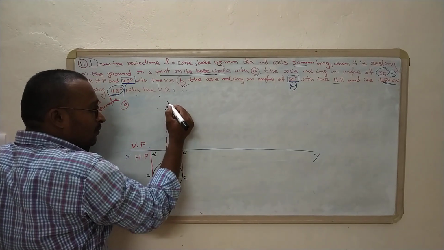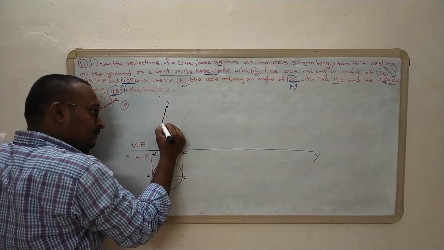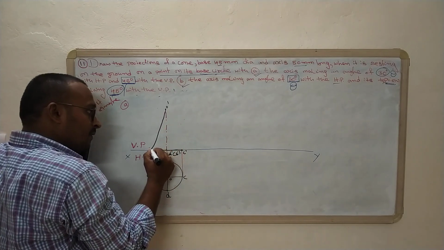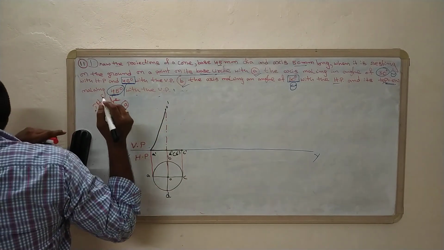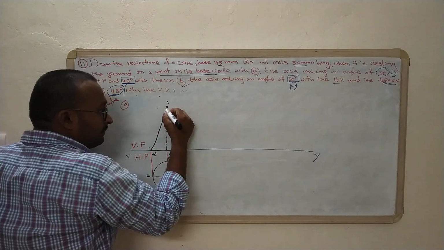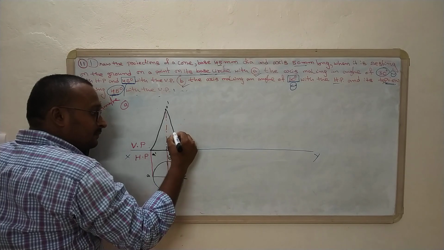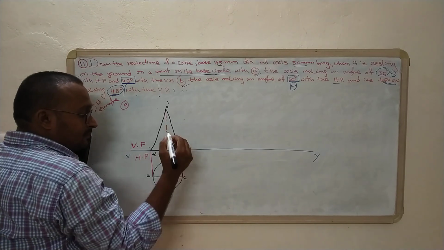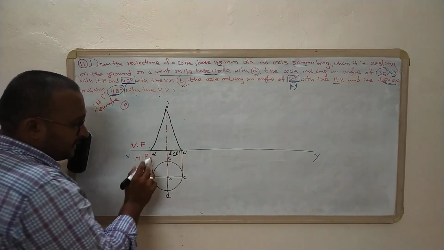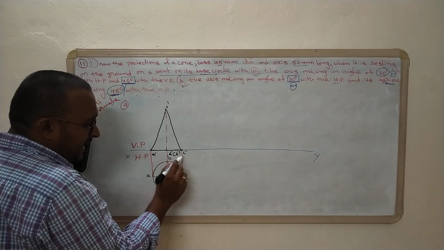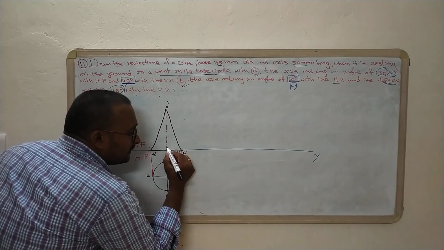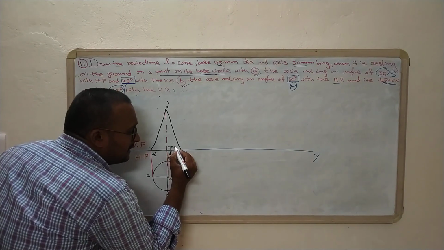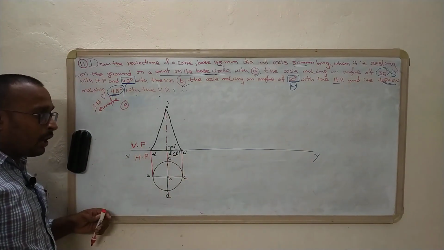Here it is O dash, A dash, D dash, B dash, C dash. Then this is at 90 degrees with respect to the horizontal plane.